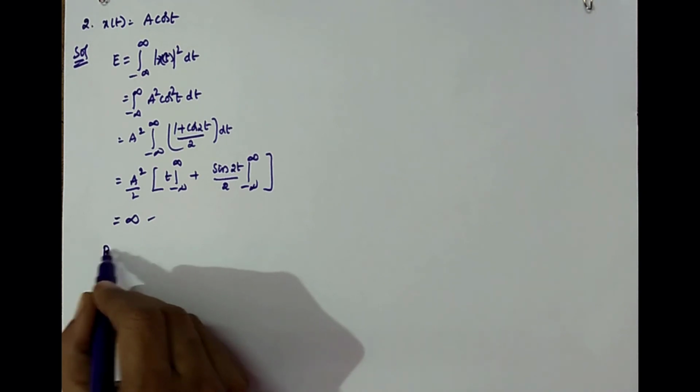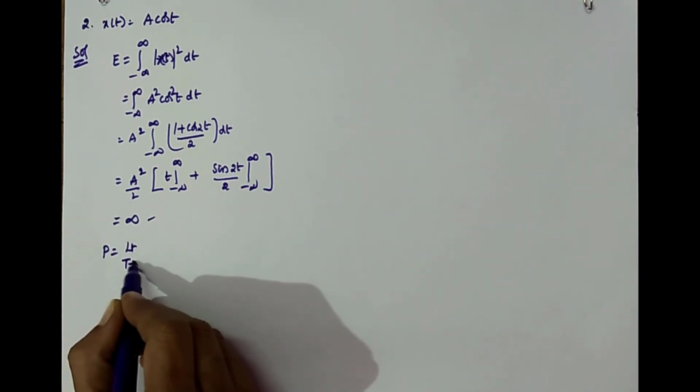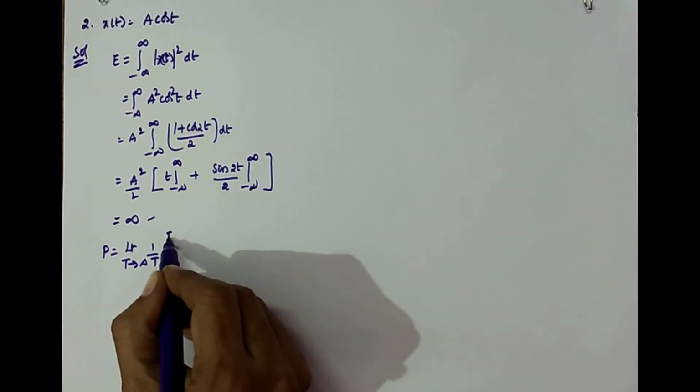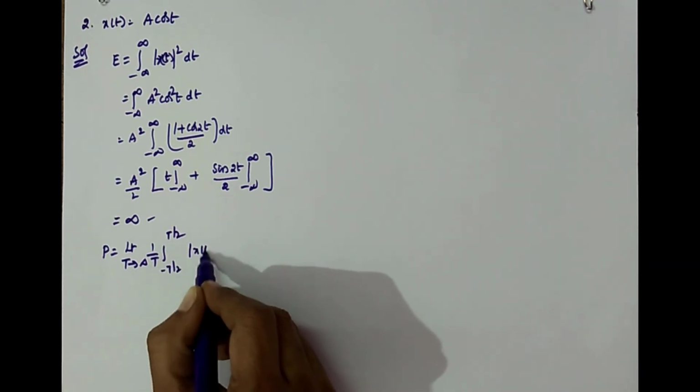Same way, if you find the power, limit t tends to infinite, 1 by t integral minus t by 2 to t by 2 mod x of t whole square dt.